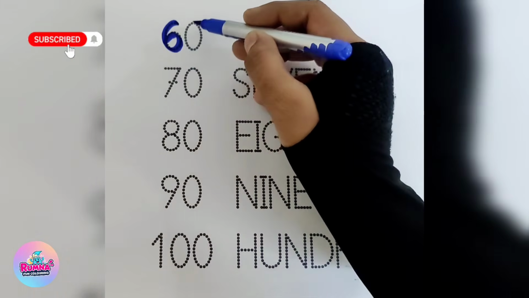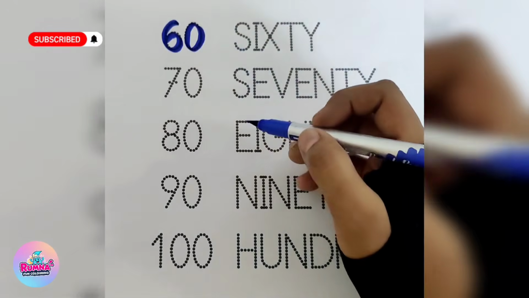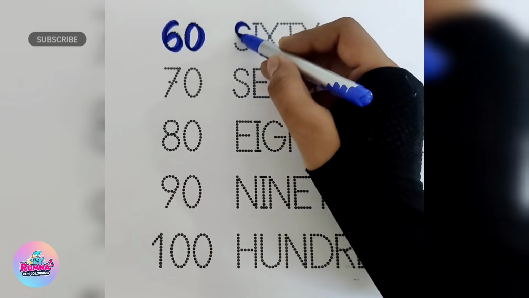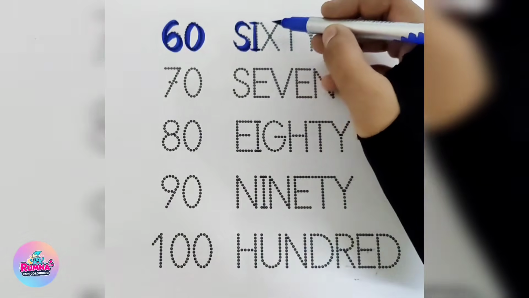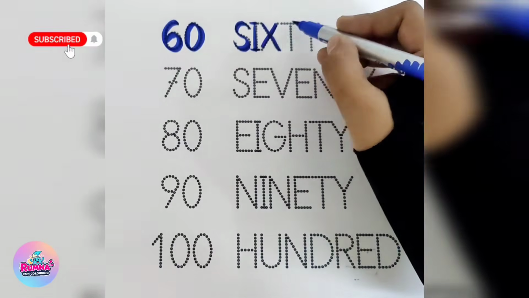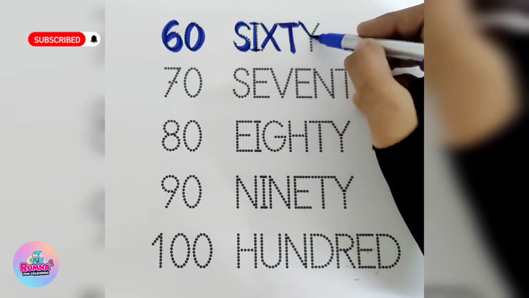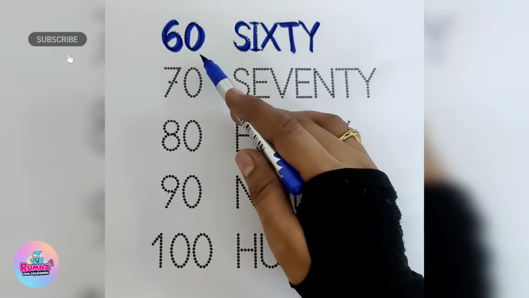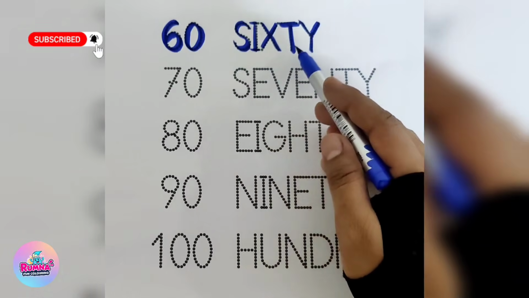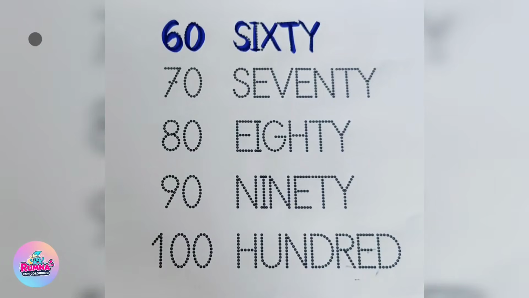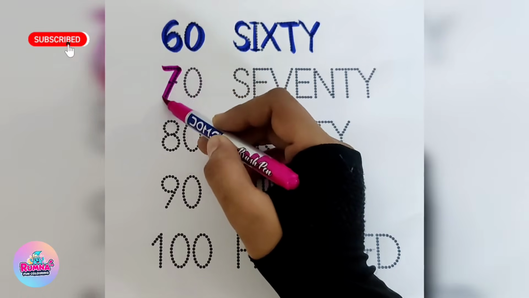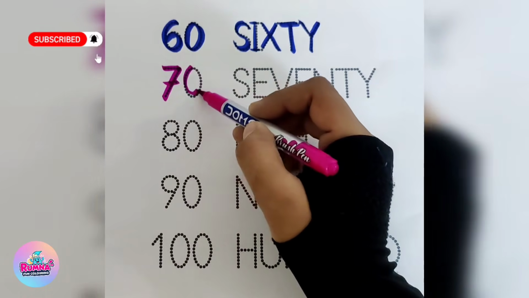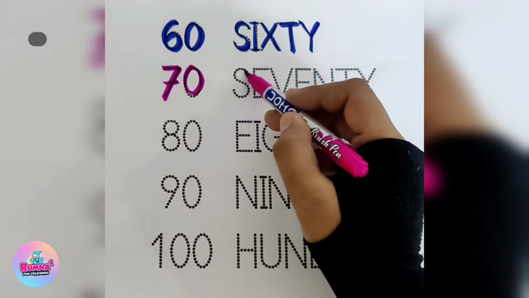Its spelling is S, I, X, T, Y. SIXTY 60. Next number is 70. 70. 7, 0. 70.